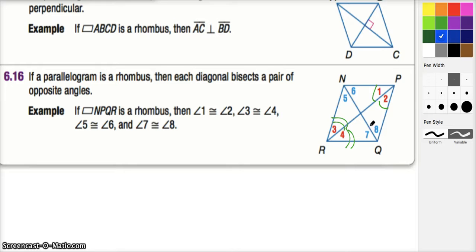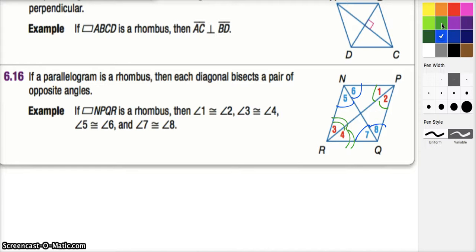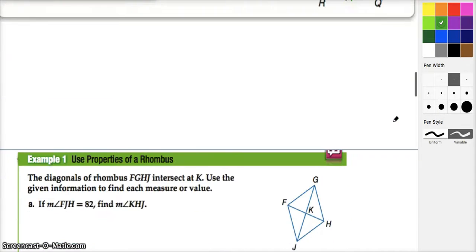And then it's going to do the same thing over here with N and P. But then, we can get kind of even more detailed in the fact that these angles must be equivalent to each other. So 7, 8, 6, and 5 must be equivalent, and 1, 2, 3, and 4 must be equivalent to each other. And I'm going to let you guys think about why that is the case. All right? Okay, cool.